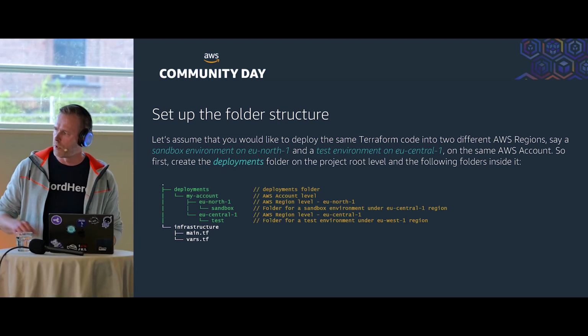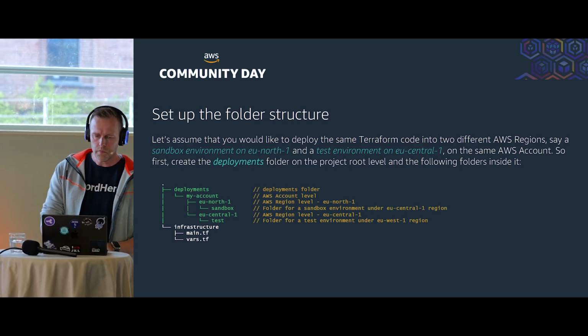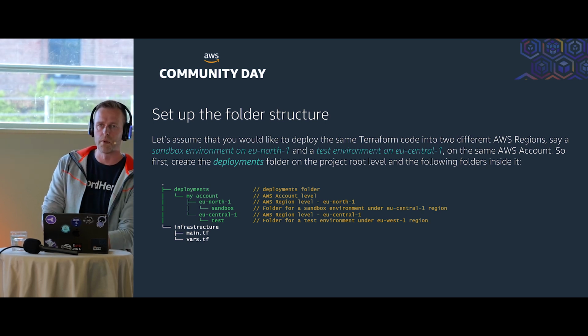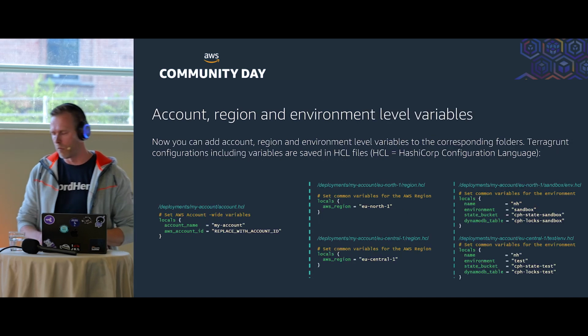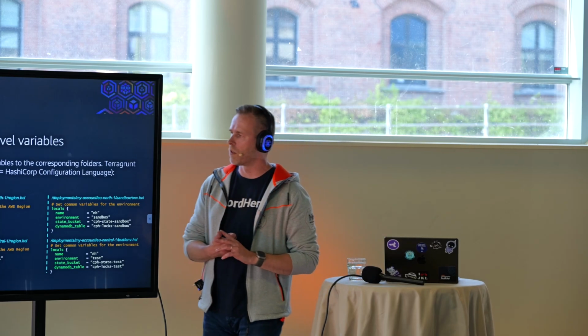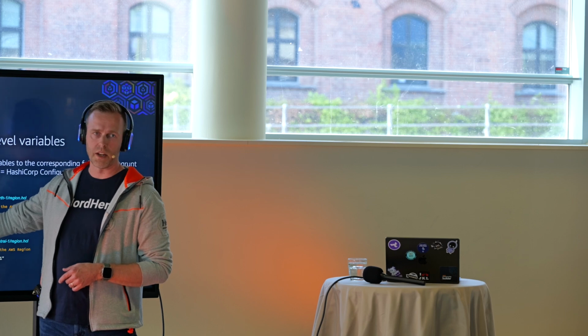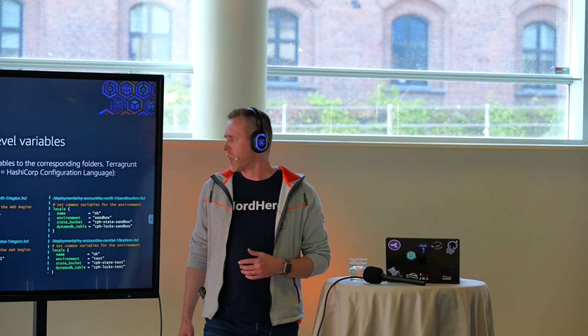And as you see, the infrastructure folder stays the same. Inside those green folders, I will need some Terragrunt configuration files. I will have one configuration file for account level settings, so I will only have account name and account ID, which I'm going to use for deploying my code to.